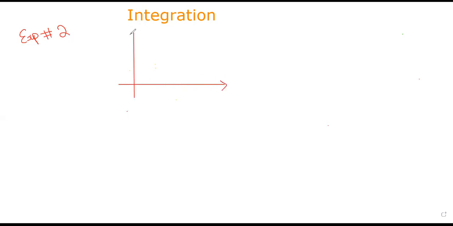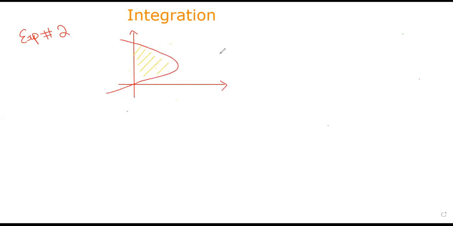This is the x-axis, this is the y-axis, and your curve is something of this type. And the shaded region is this one. Okay.